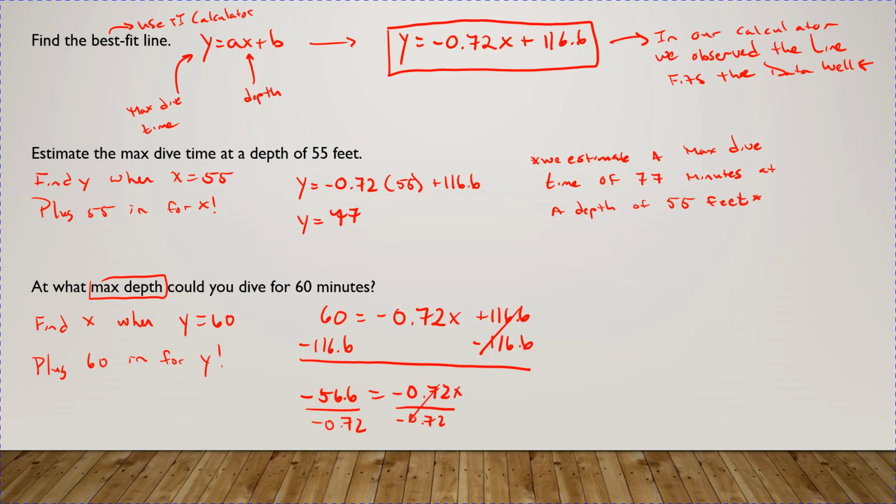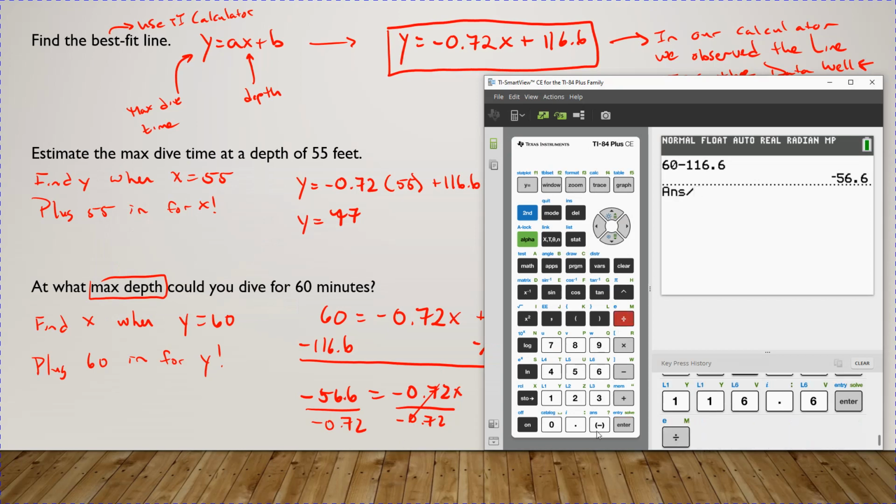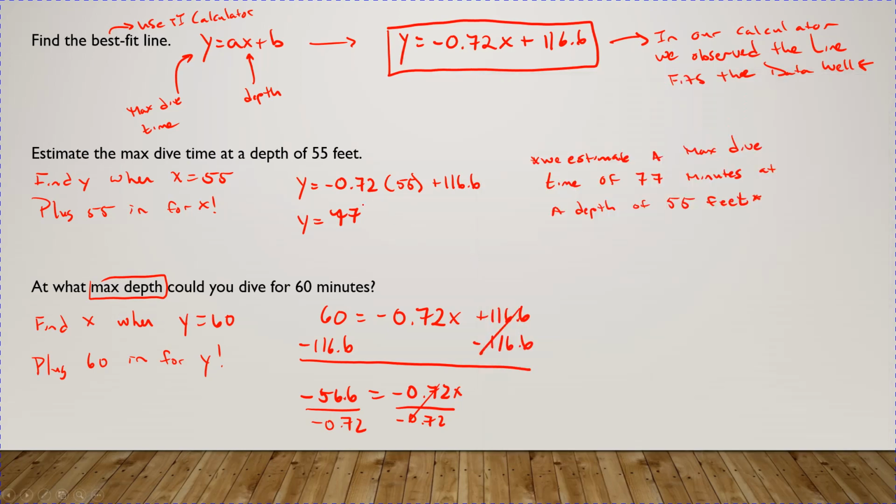These cancel. It's 78.61, and I'll round this to a whole number, which is 79.